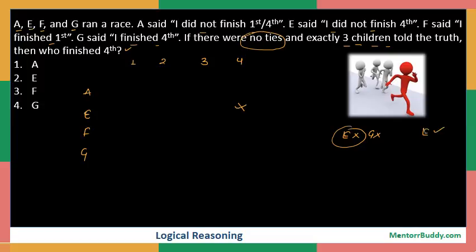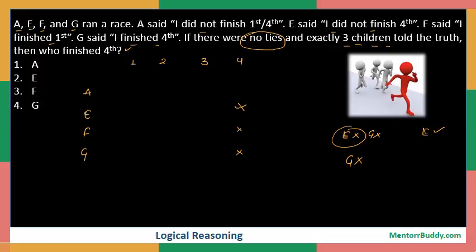Now I'll go to G. If G says I finished fourth, and I assume that G is speaking a false statement, then G is not finishing fourth. E has already said that E is not finishing fourth. F says I finished first, which means F would not be finishing fourth.